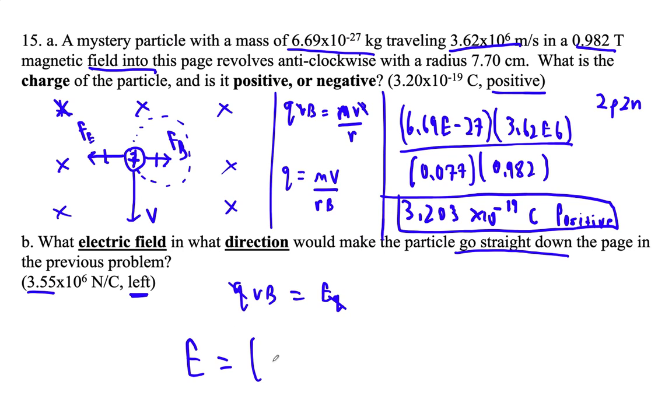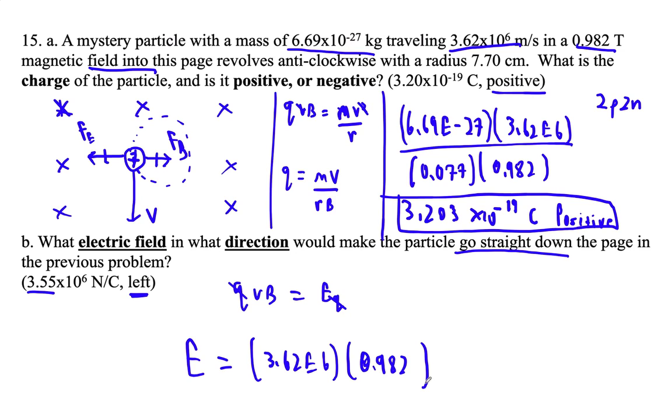So it's going to be 3.62 E6 meters per second, and B is 0.982. Wow, that's a 0 from the twilight zone. Okay. 3.62 E6 times 0.982.